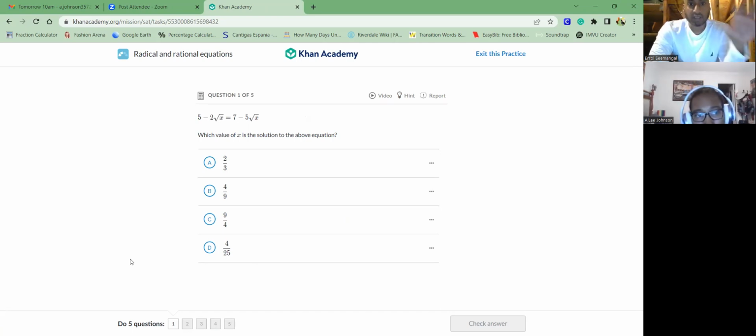So keep your root x's on the left side and keep your numbers on the right side. So start with the negative 2 root x. Keep that on the left and then take the negative 5 root x to the right side.